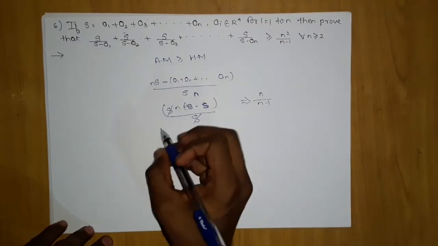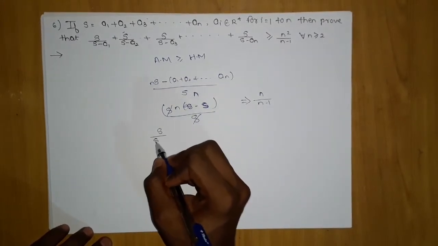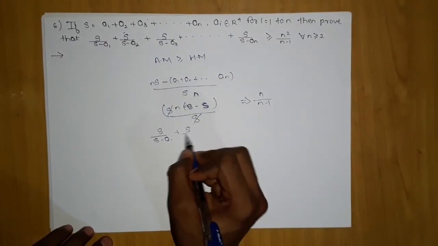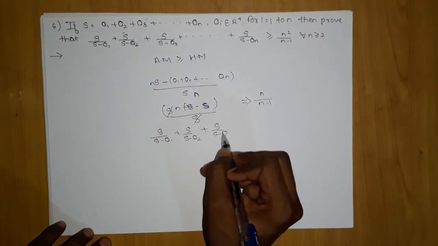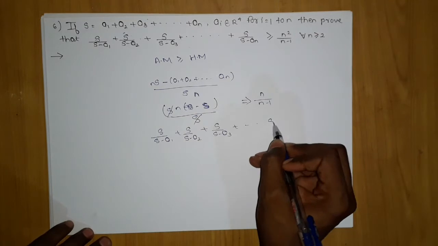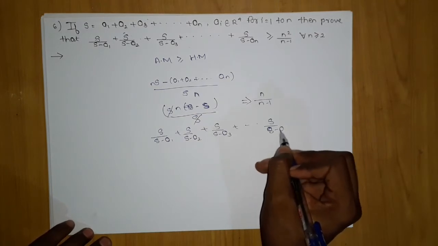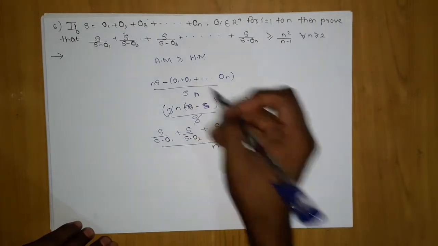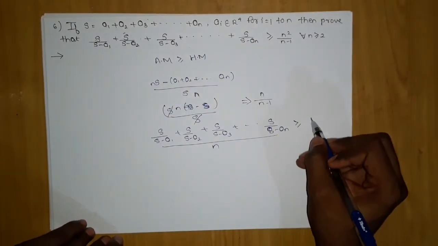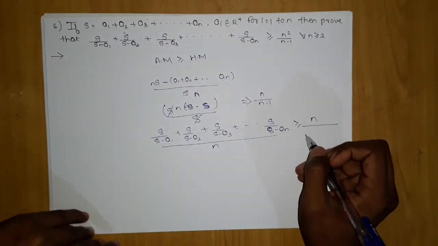Now let's apply. So S upon (S minus a1), S upon (S minus a2), S upon (S minus a3), until so on, S upon (S minus an), upon n, is greater than or equal to, this is HM which we just wrote, n upon n terms.